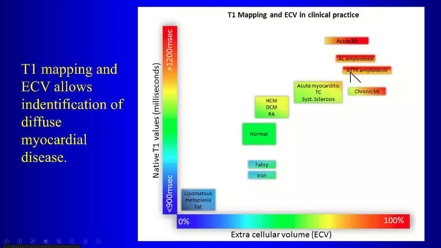And then all of these diffuse pathologies that we tend to look for, like amyloidosis and fibrosis from chronic non-ischemic cardiomyopathies, tend to increase your extracellular volume fraction and increase your native T1 values. And so you can look for these diffuse abnormalities by doing T1 mapping.